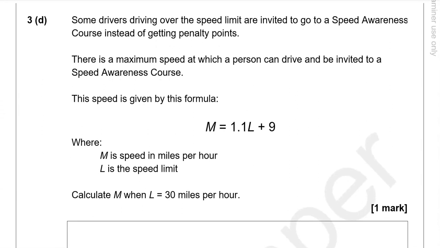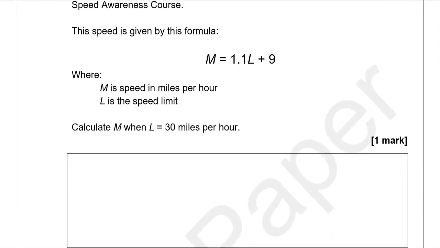Some drivers driving over the speed limit are invited to go to a speed awareness course instead of getting penalty points. There is a maximum speed at which a person can drive and be invited to a speed awareness course. This speed is given by this formula: M = 1.1L + 9, where M is the speed in miles per hour, L is the speed limit. Calculate M when L is equal to 30 miles per hour.